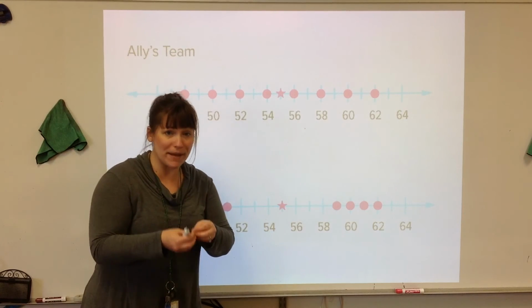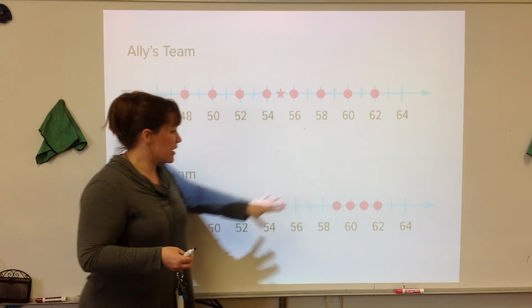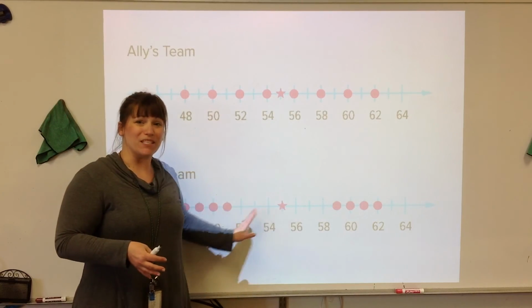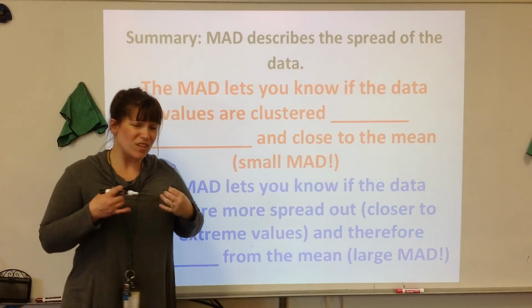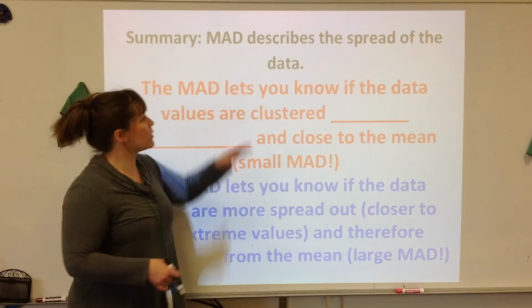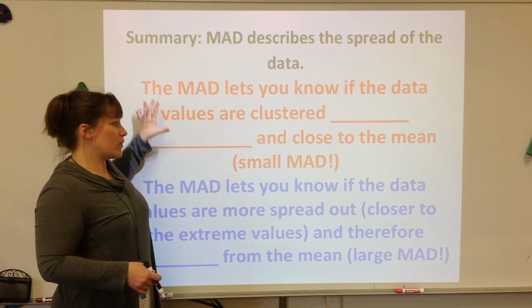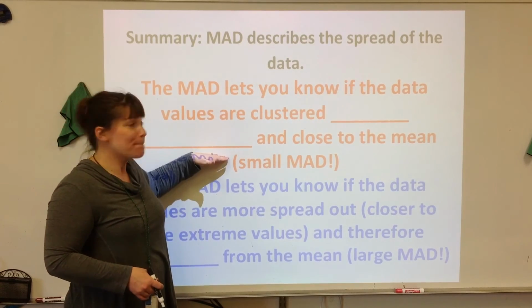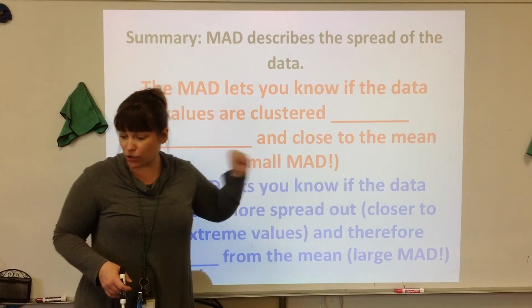If it's a small MAD, that means they're closer together. If there's a larger MAD, it means it's farther away from the mean. Here's the summary in a nutshell. When you're talking about the MAD, you are describing the spread of the data. In red, when there's a small MAD, the MAD lets you know if the data values are clustered close together.